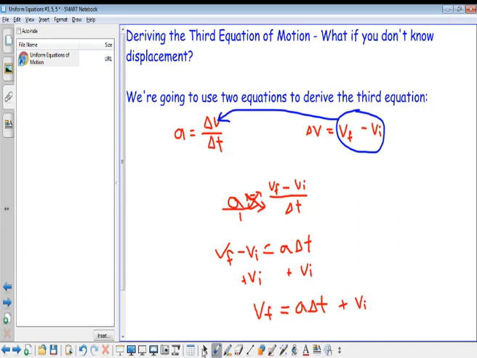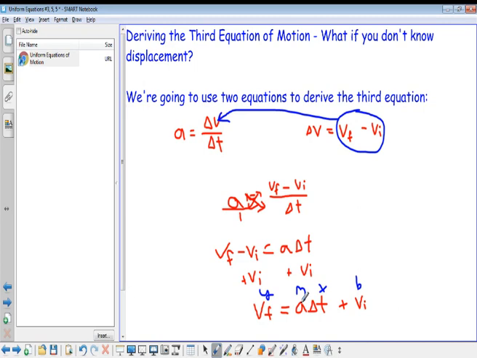Notice that this equation is in slope-intercept form. What I mean by slope-intercept form is y equals mx plus b. Your dependent variable would be your final velocity.